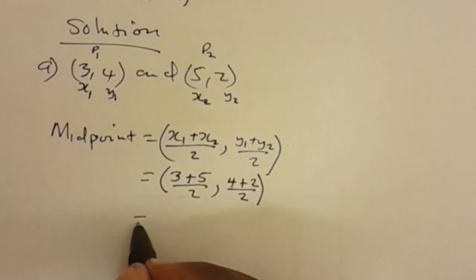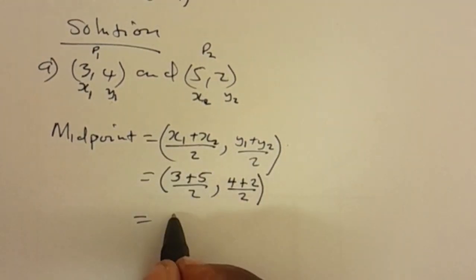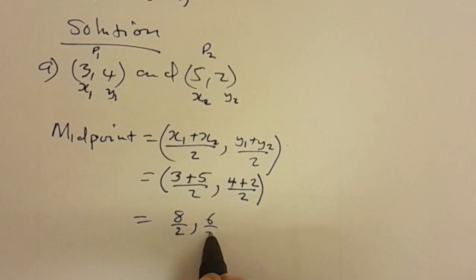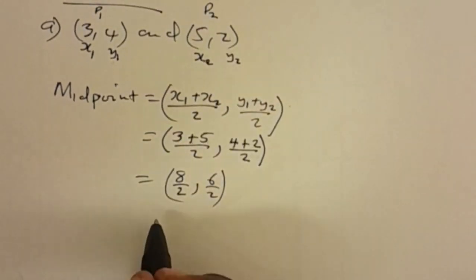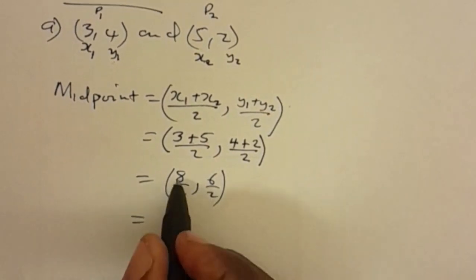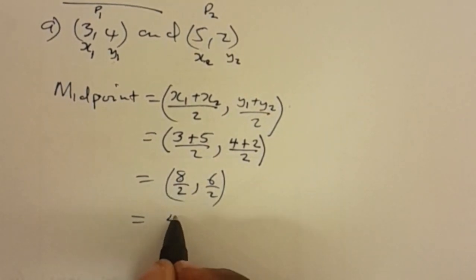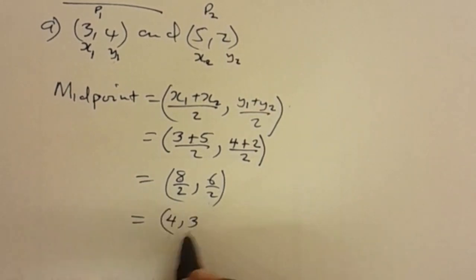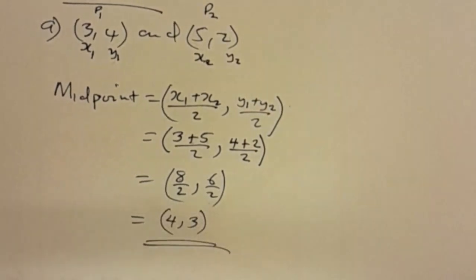Okay, so we simplify. 3 plus 5 is 8 over 2. Then 4 plus 2 is 6 over 2. Then simplifying this, 8 divided by 2 is 4. 6 divided by 2 is 3. So this is the midpoint.